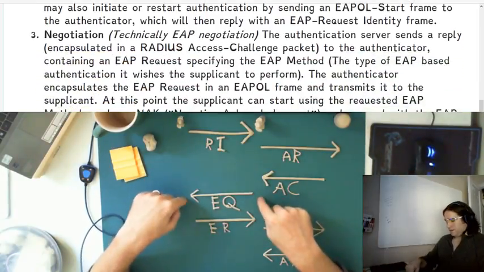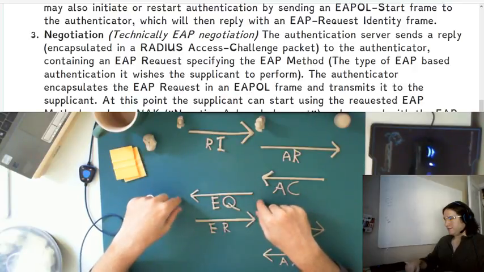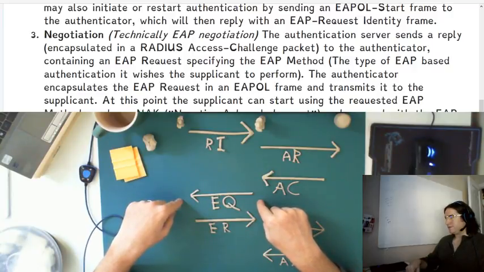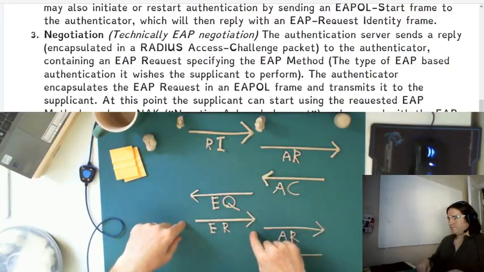Then that EAP request gets sent over by an EAPOL frame and transmitted to the supplicant. At this point, the supplicant can start using the EAP method or do a negative acknowledgement response with an EAP method it is willing to perform.